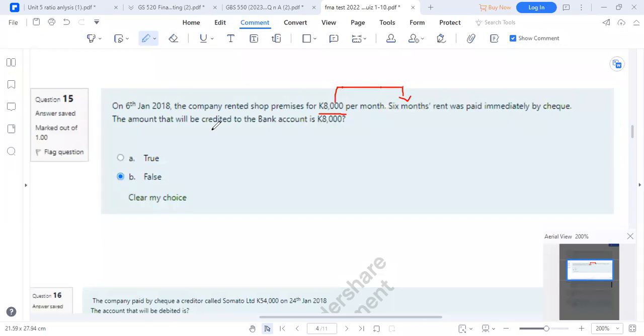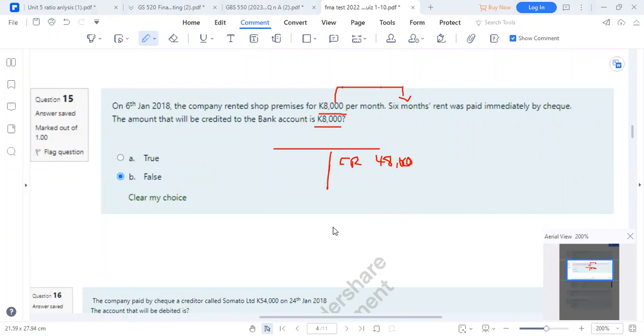So the amount was credited to the bank. Yes, we need to credit because the bank is paying out, but it's not paying 8,000. You multiply by 6, which is 48,000. So it's supposed to credit 48,000. Why? Because this amount was for 6 months, not the 8,000. So call it a false entry.